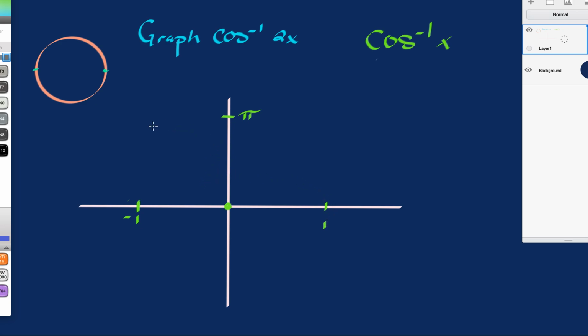If I just wanted to graph this, remember our coordinate pairs just get flopped. So we had -1 to pi, and that was the end of our other function, and then we had this guy right here.